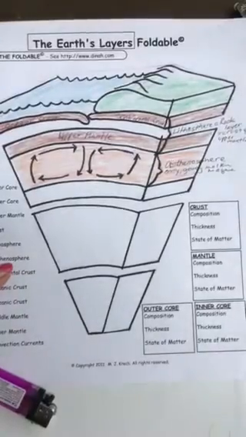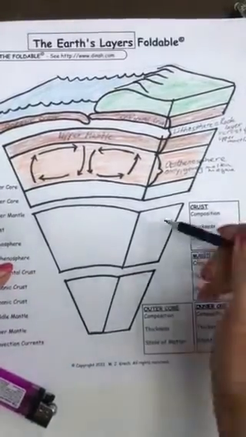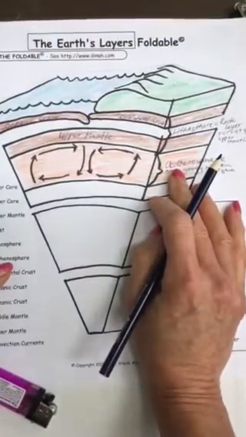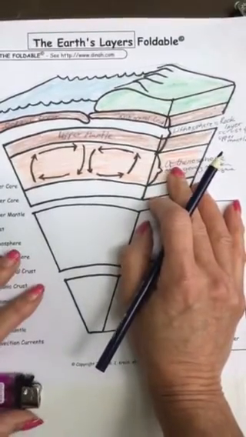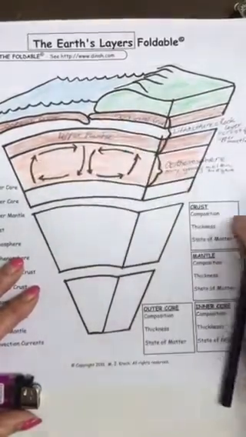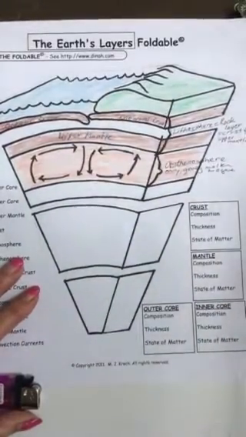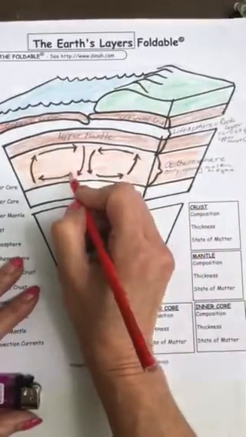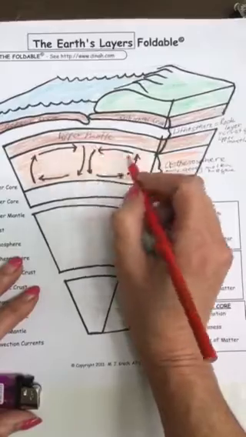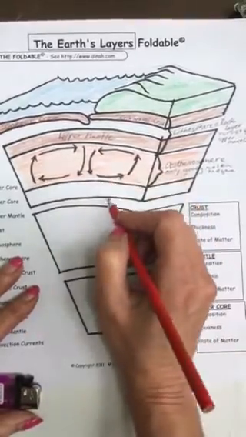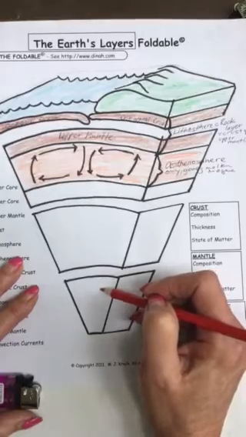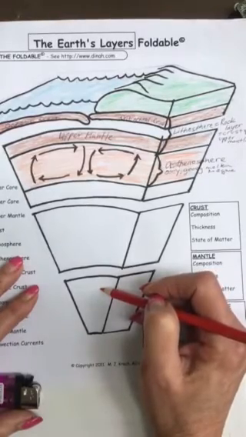And within this molten magma, we have those convection currents where, remember, hot materials rise because they become less dense and cooler materials sink because they're more dense. So where would the hottest place be in this layer? It would be towards the bottom, because all of the heat still comes from the interior of the earth when the earth was formed.